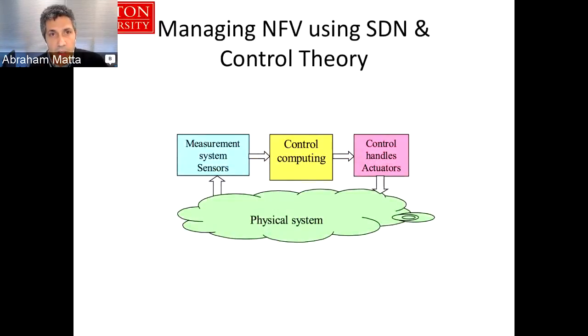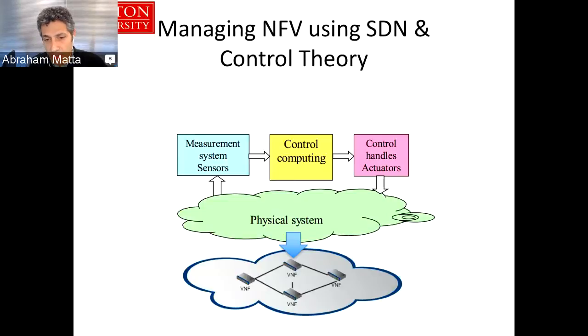So basically the problem that we have here is I want to manage instances of a certain virtual network function using SDN and control theory. So the physical system is my virtual network functions, or instances of it.